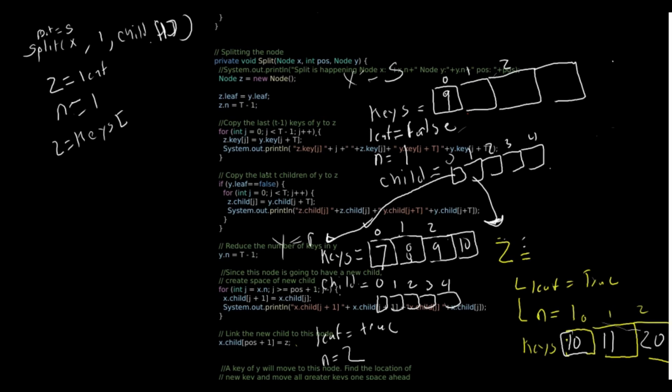N equals 1. Okay, and we copied and then Z keys here. What is Z keys?